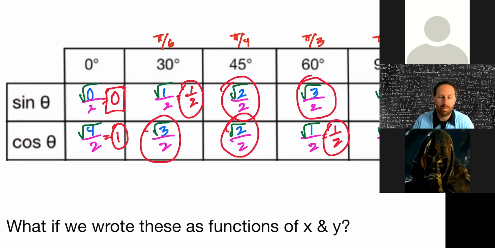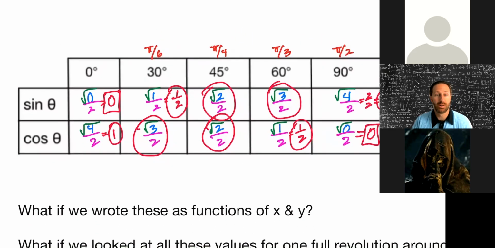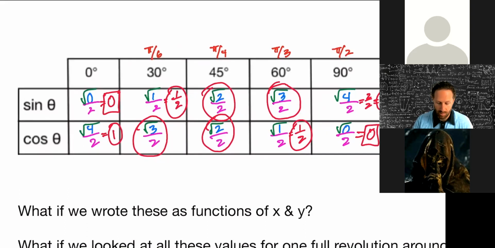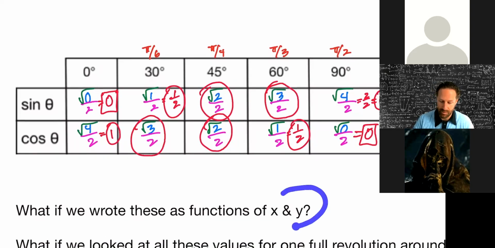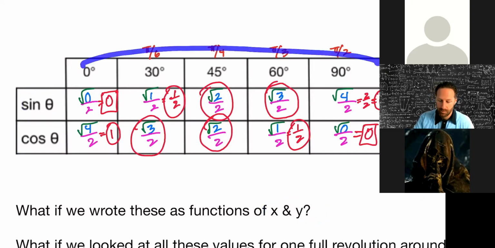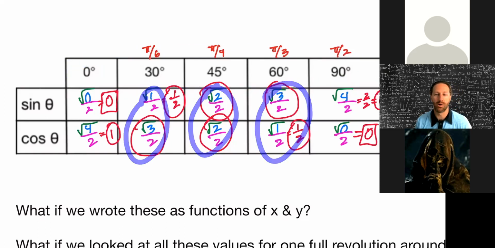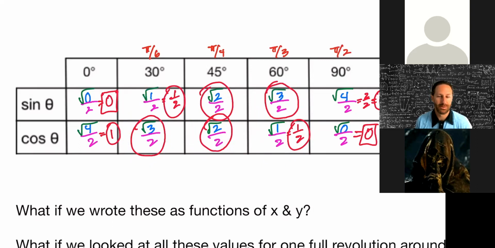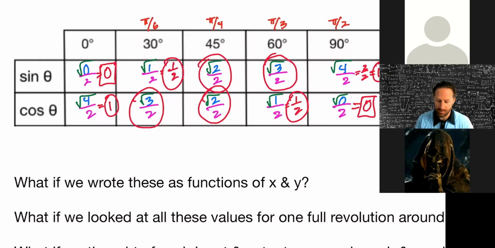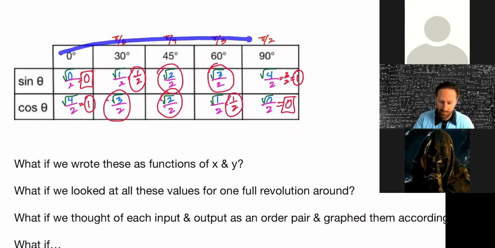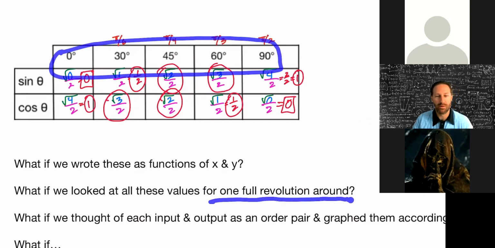So what we're going to pose the question of in this new section that we're starting, a new chapter: what if we wrote these as functions of x and y rather than just sine of some angle and cosine of some angle, and getting out those ratios that we all love and memorize or haunt us in our dreams? What if we looked at all these values for not just the first quadrant, but one full revolution? Now, why only one?